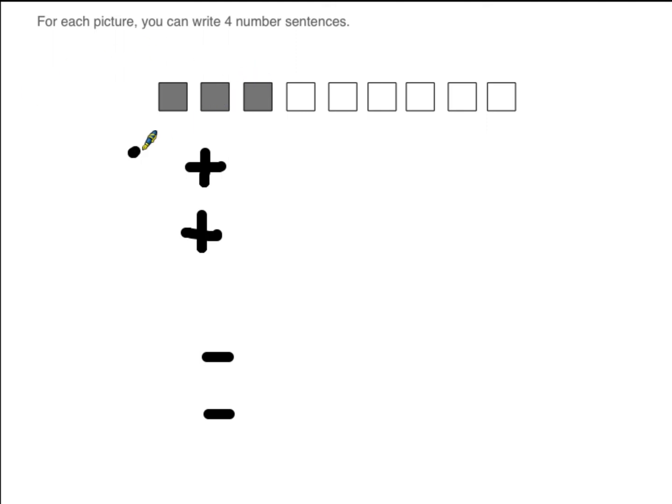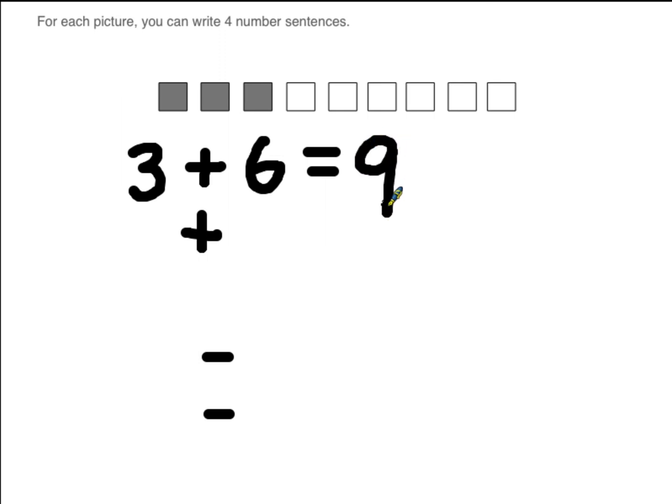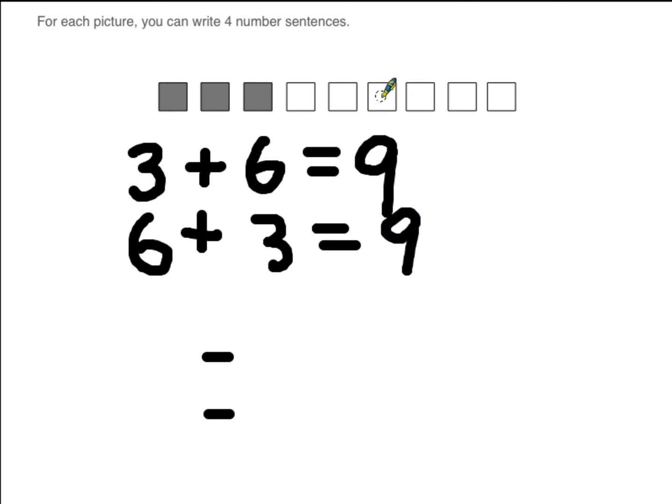We start with 3. And 1, 2, 3, 4, 5, 6 equals 9 altogether. How do we get the other one? Instead of starting with the gray ones, we're going to start with the white ones. So that would be 6, and I know it's 3, and I know it equals 9, because I didn't change it.